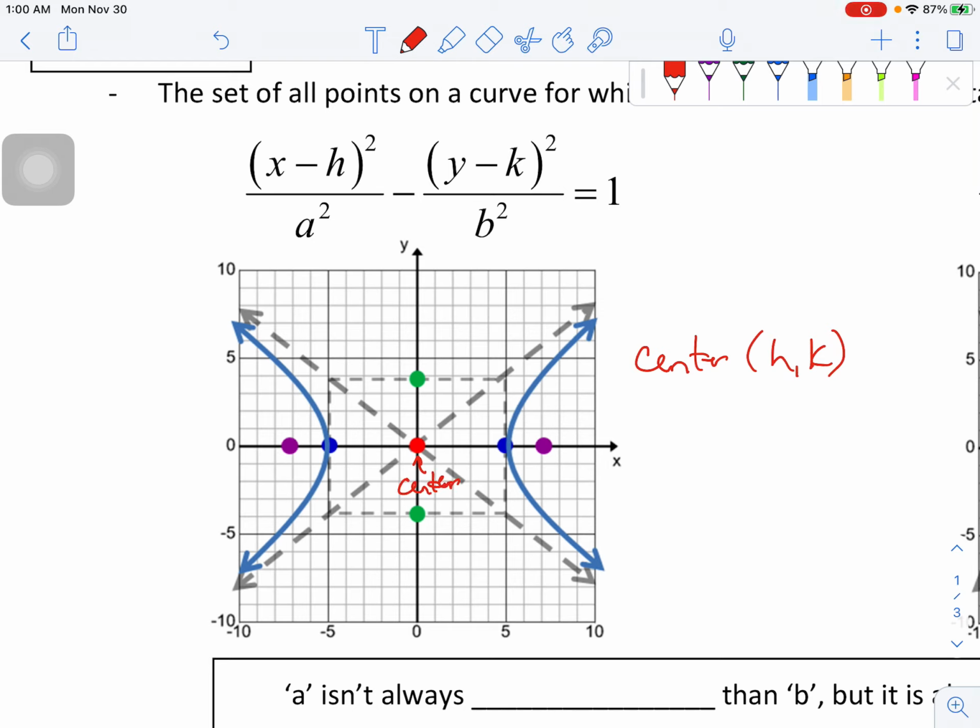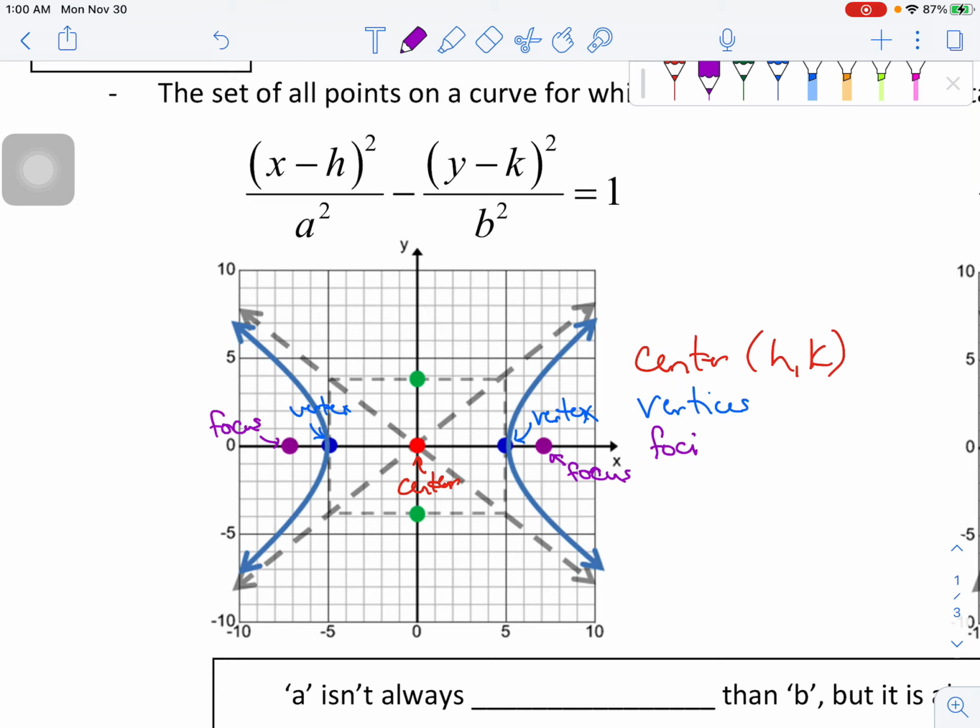You have your vertices, which don't particularly have any specific values to them, but this is a vertex here, and this is a vertex here. Then we have the foci. So a focus here and a focus here. There we go.